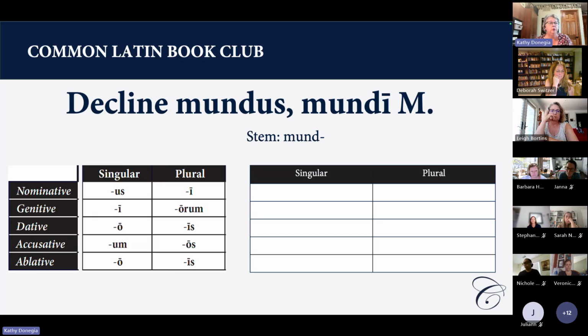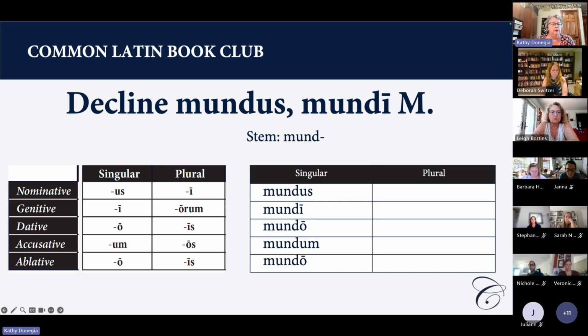And then we are going to place the endings onto mundus. I'll do the singular for you, and then I'll let you do the plural. So the singular would be mundus, and you see I'm just putting the US on it, mundi, mundo, mundum, and mundo. So can you do the plural?